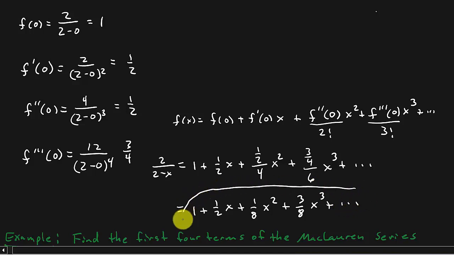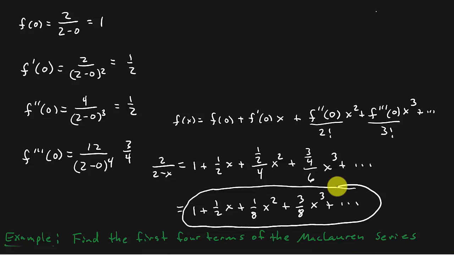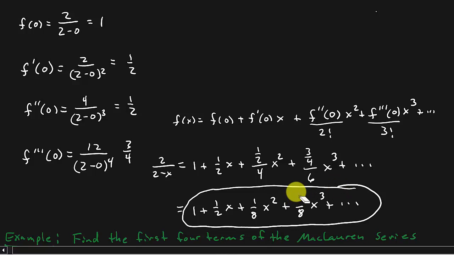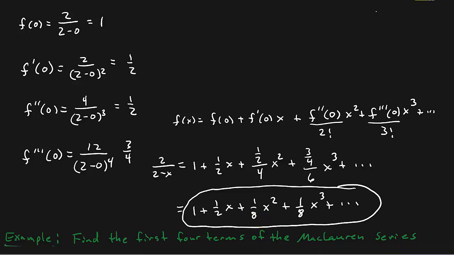And so this would be our Maclaurin series. I believe, no, wait a minute, let's see. That's not going to be 3/8, that's going to be 1/8. Hang on, let me see something.